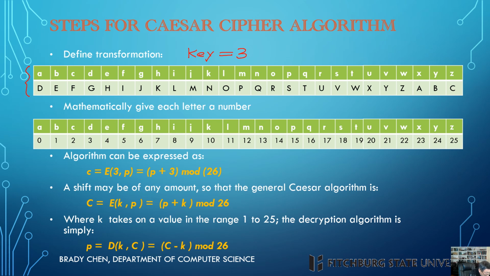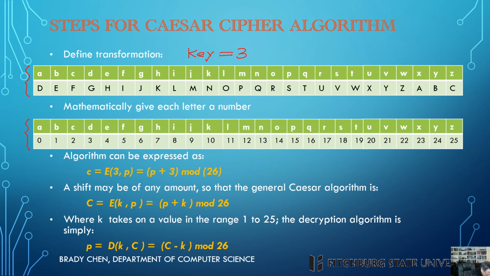Now you can directly apply the Caesar cipher to the English characters, but we can also provide a mathematical formula to calculate the ciphertext using numbers. Before we do this, we need to create the mapping between English letters and numbers.